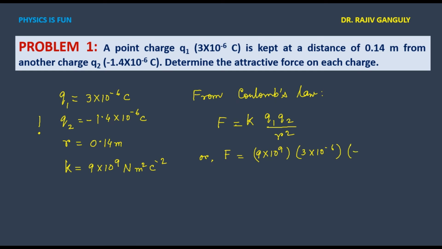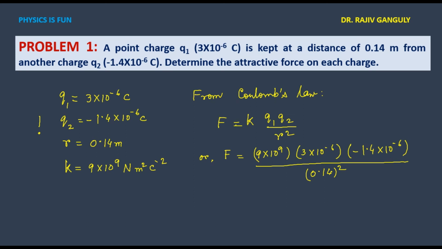Q2 is minus 1.4 into 10 to the power minus 6 divided by 0.14 square. Now here we can show, of course, the detailed calculations, but you can do one thing. You can group the powers of 10 on one side and all the data onto the other side.